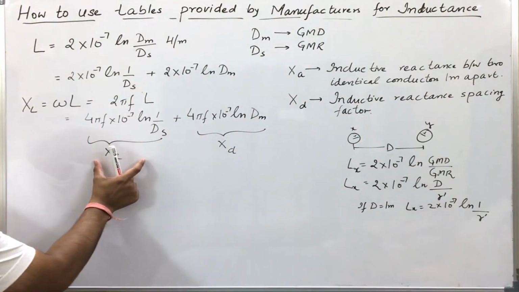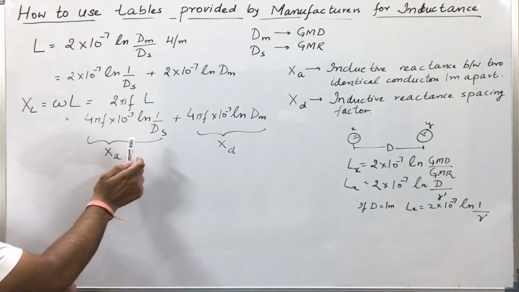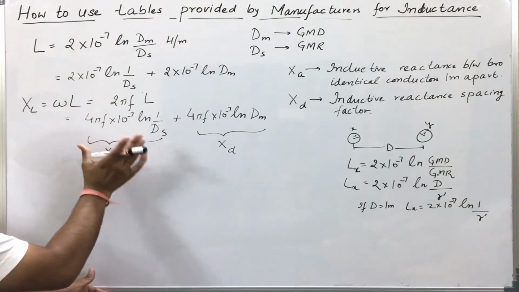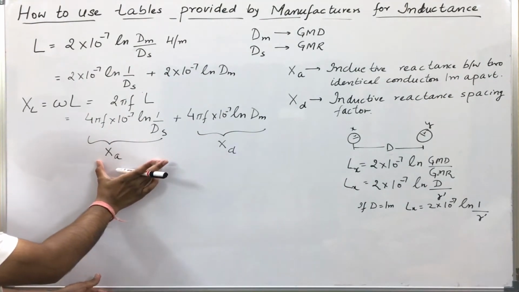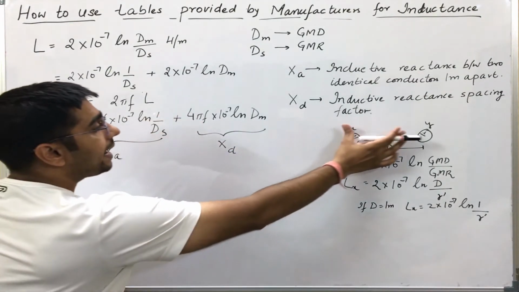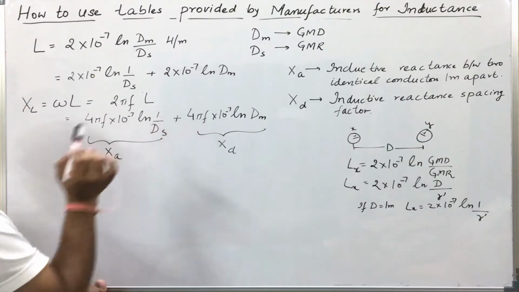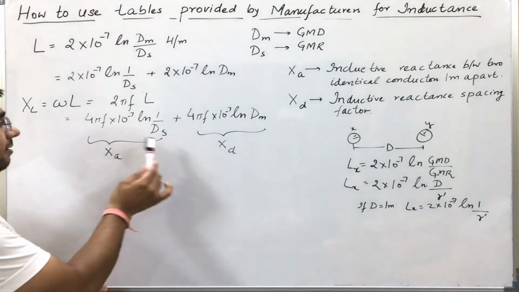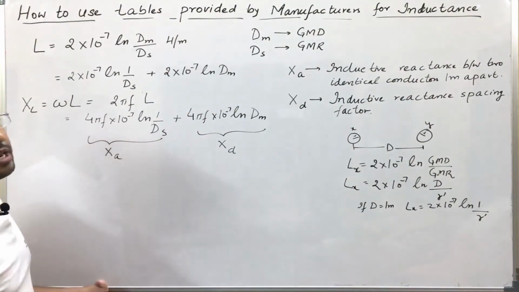This first term, as you can see, is simply the inductive reactance when Dm, that is the spacing between the two identical conductors, is 1 meter, given that this Ds is being measured in meter.